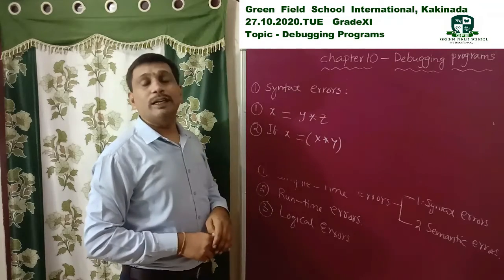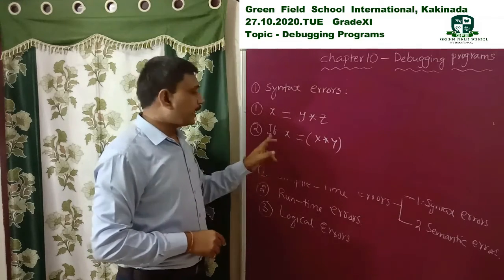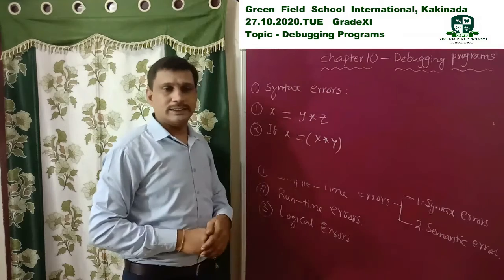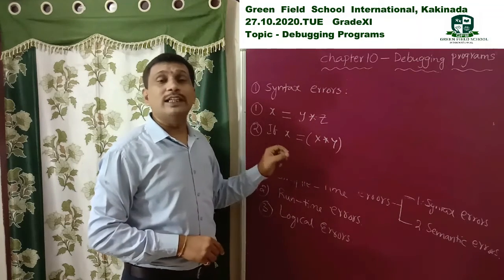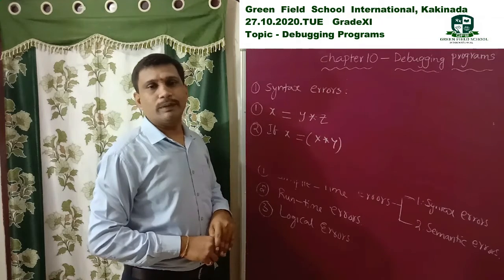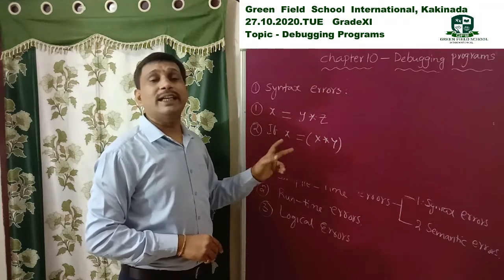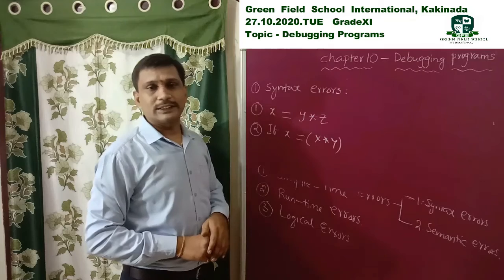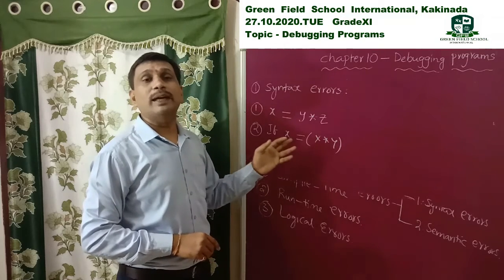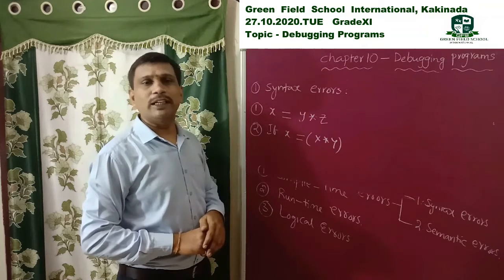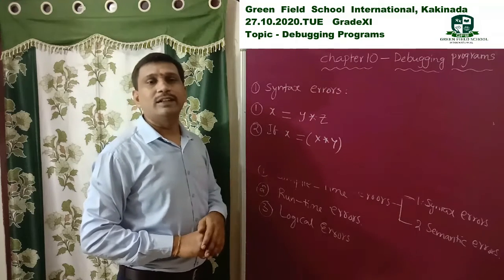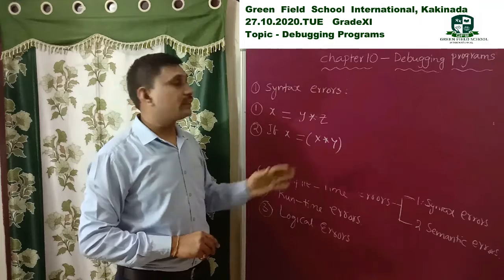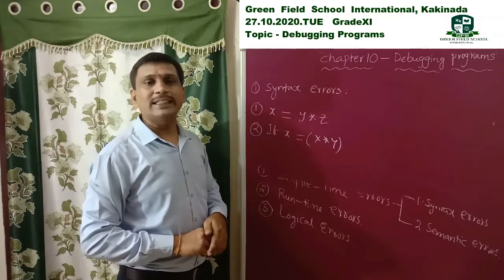Like that, in the second statement we compare two expressions, x and x star y. But here we use only a single equal to symbol. For comparison we use the comparison operator, double equal to, but we wrote only single equal to. This error is called a syntax error.